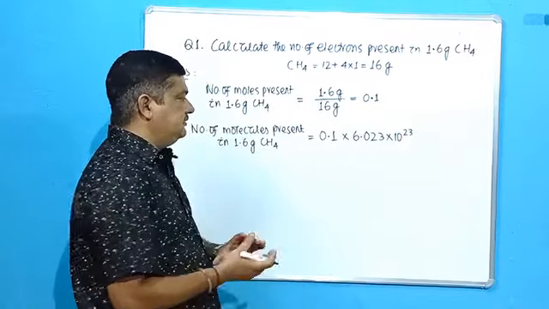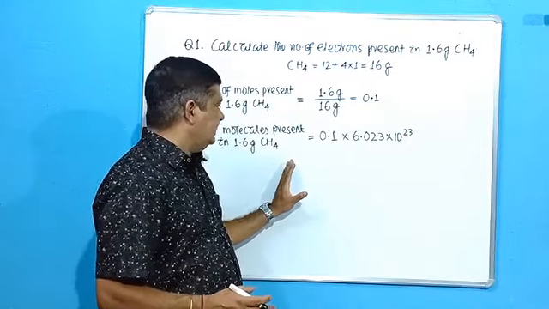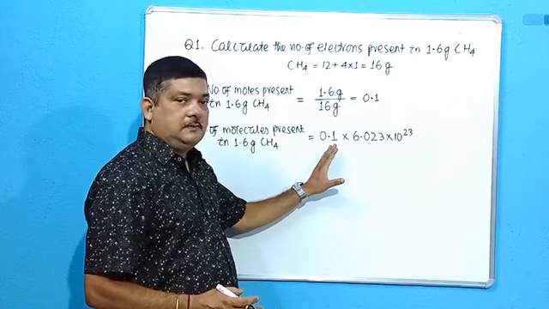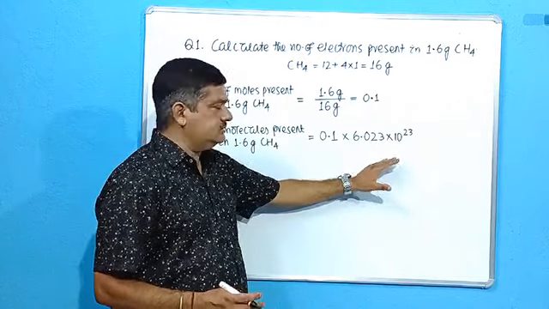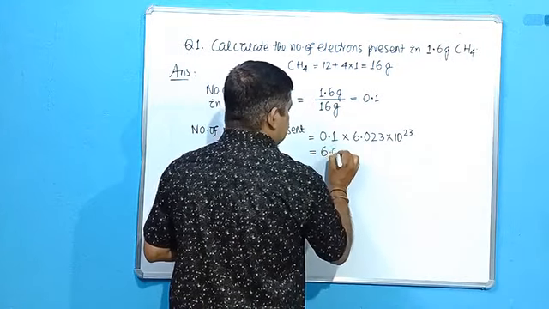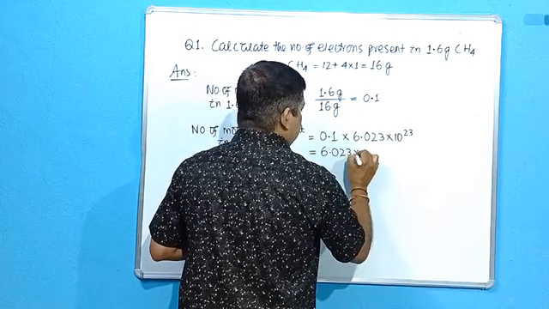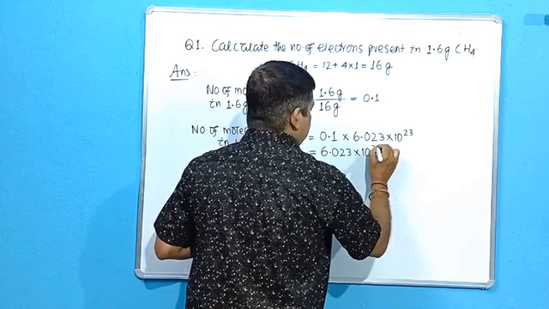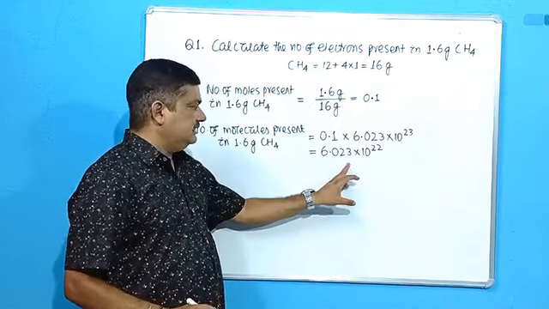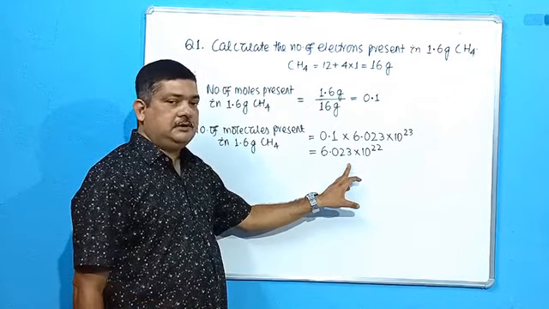In the last class I have given you the formula. You can use it directly. Number of molecules present in the given mass of any substance is number of moles into Avogadro's number. So it is 6.023 into 10 to the power 22 molecules. So number of molecules present in 1.6 gram methane will be 6.023 into 10 to the power 22.